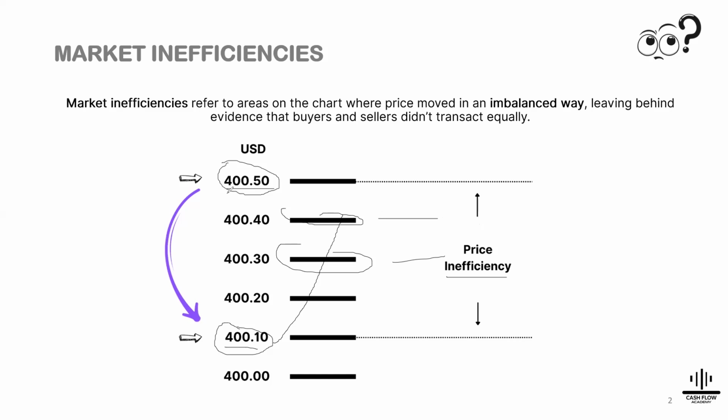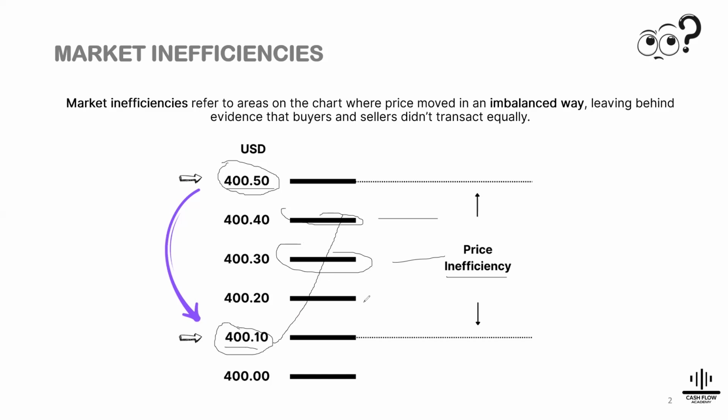So if price should jump from this level to this level, any order placed here would not be executed. Now, what the algorithm does is it usually goes back to that area of inefficiency, that area where there was a jump in price, to give an opportunity for those orders that were placed here to be executed.